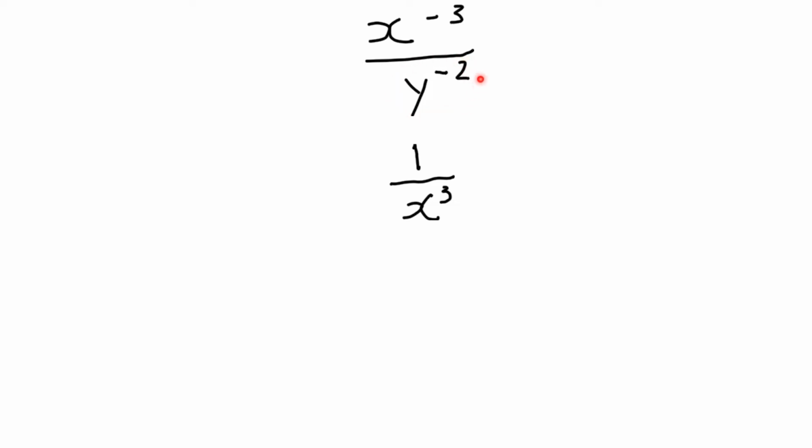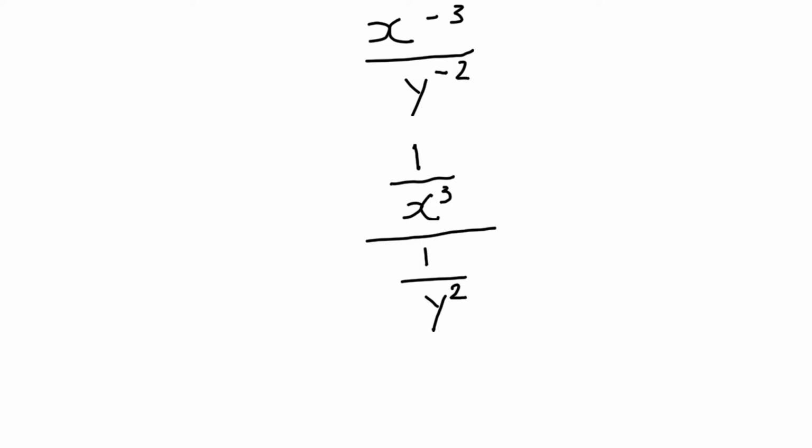And we can do that also with the denominator. Instead of y to the power of -2, we just find the inverse, 1 over y to the power of +2. Whenever you want to turn a negative exponent into a positive exponent, it's just 1 over whatever it is. Now this looks really messy.